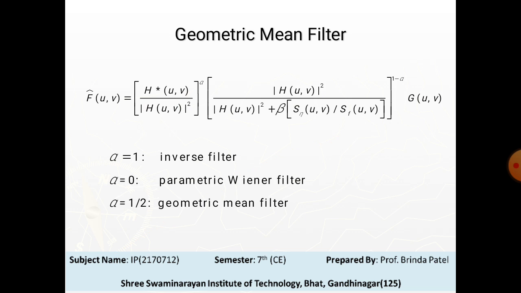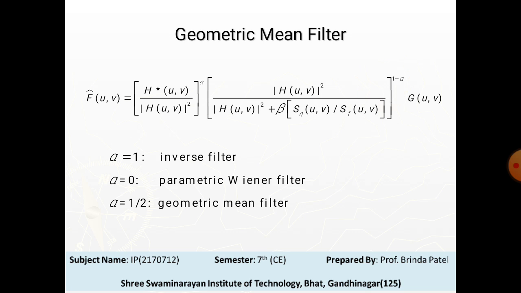The geometric mean filter consists of two expressions in brackets raised to the power of alpha and 1 minus alpha respectively. When alpha is equal to 1, this filter reduces to the inverse filter, and with alpha equal to 0, the filter becomes the so called parametric Wiener filter, which reduces to the standard Wiener filter when beta is equal to 1.